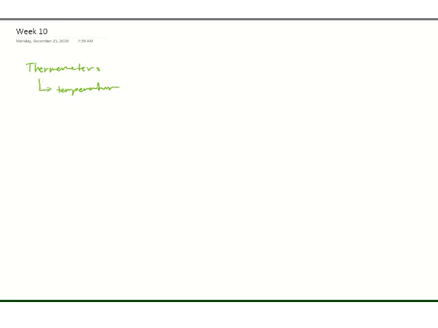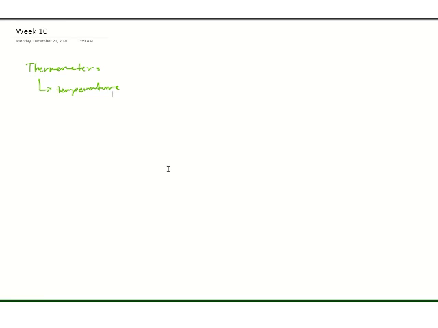Historically, this measurement of temperature has been here since back in the last century.